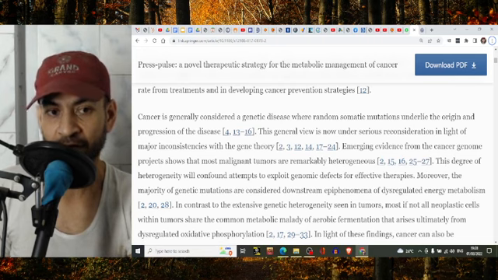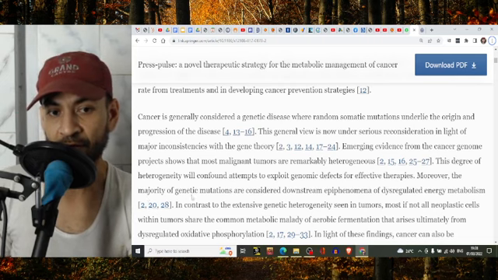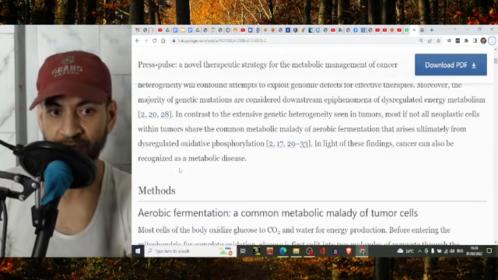This degree of heterogeneity will confound attempts to exploit genomic defects for effective therapies. Moreover, the majority of genetic mutations are considered downstream epiphenomena of dysregulated energy metabolism. Reference 2, 20-28.